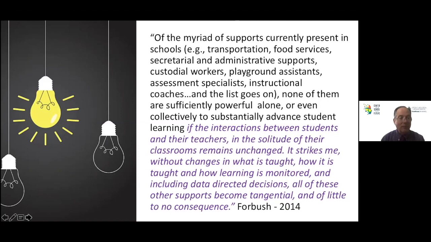But if in the interactions between students and their teachers, in the solitude of those classrooms, nothing really changes there because of all of those other efforts, then it struck me then, and it still strikes me now, that nothing really changes in terms of student learning. So again, if we're to accomplish this, we really do have to focus our attention on the quality of those interactions that occur in the classroom, and that resources have to point and direct there and support those outcomes.